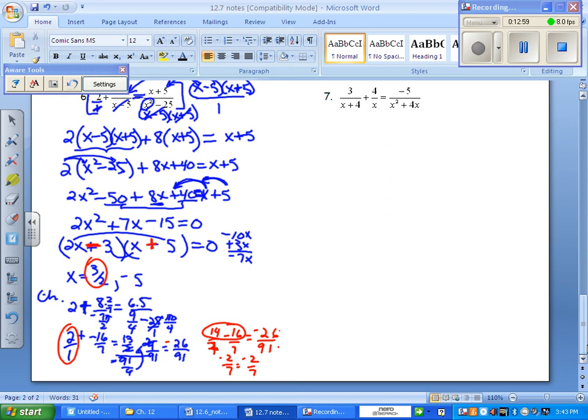Let's go to the 5. If you put the 5 back in the original, you're going to have a 2 plus an 8. Now you have a negative 5 minus a 5. And that is going to equal negative 5 plus 5.